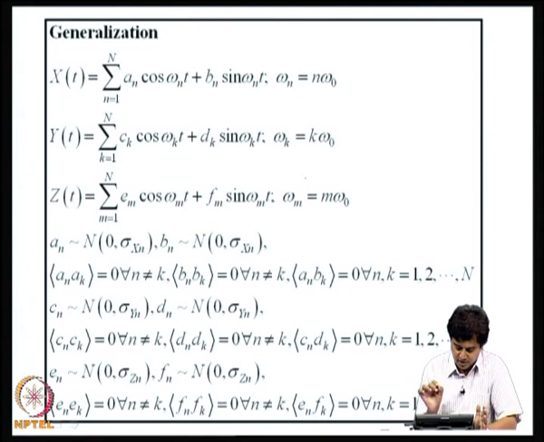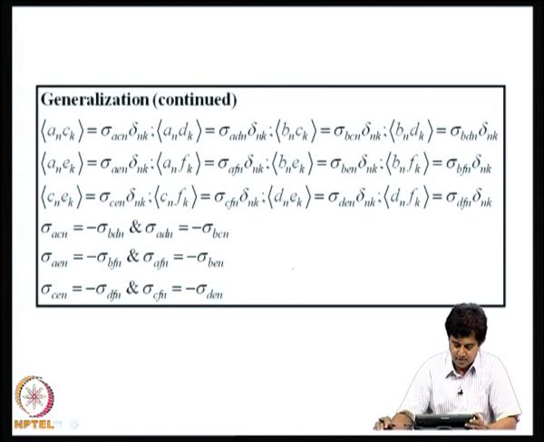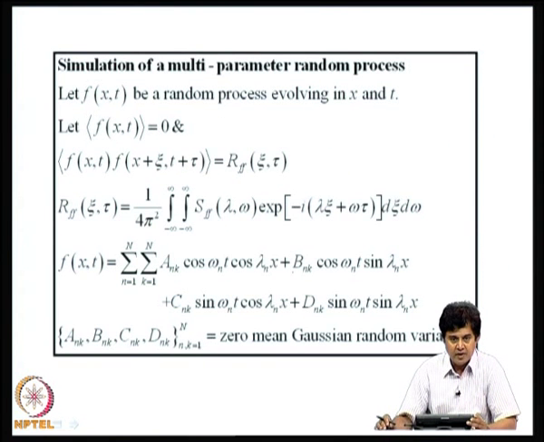So, you can specify all these properties as per the formulation that I have just now outlined, and in principle it should be possible to simulate samples of n dimensional Gaussian vector random processes. I have detailed the various properties that we need to use, and I leave that as an exercise for you to verify.